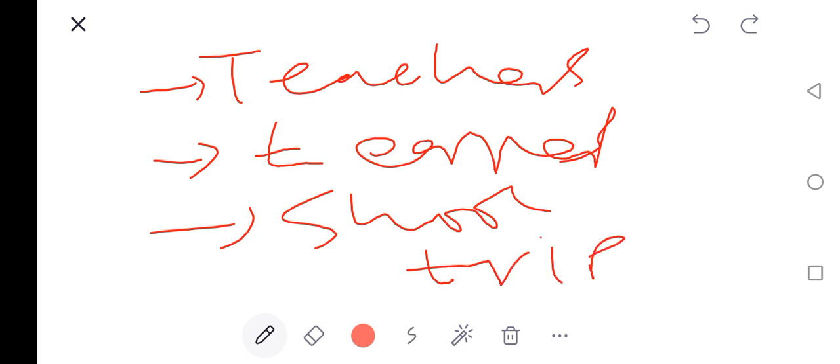If I read properly, it was saying a school had taken teachers and learners on a school trip. Just that shows you that this is a linear programming question.